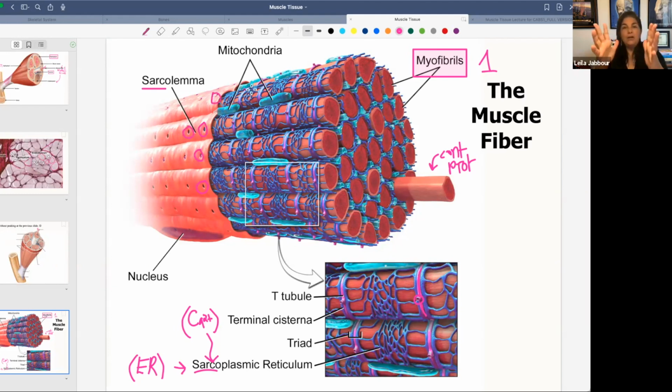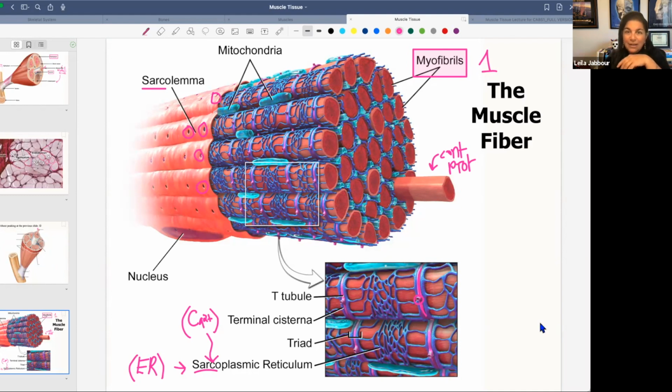So the muscle cell is riddled with holes that are actually invaginations of the membrane. It's the membrane that goes down into kind of like a tube inward, and this tube is connected to a T tubule.